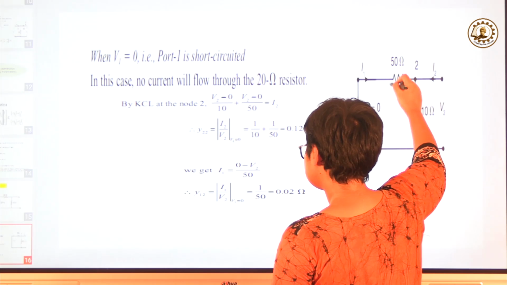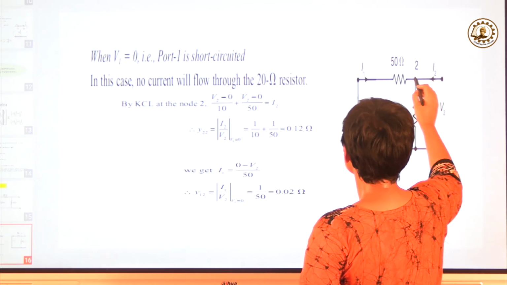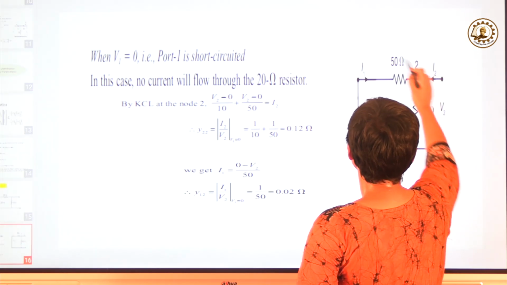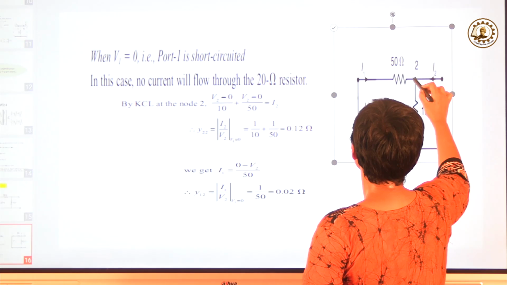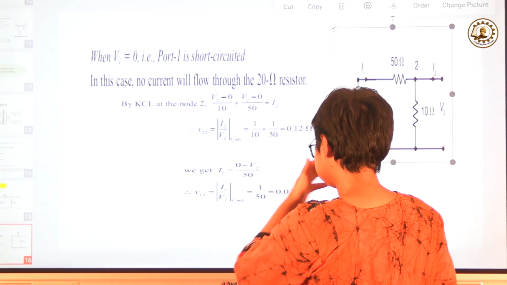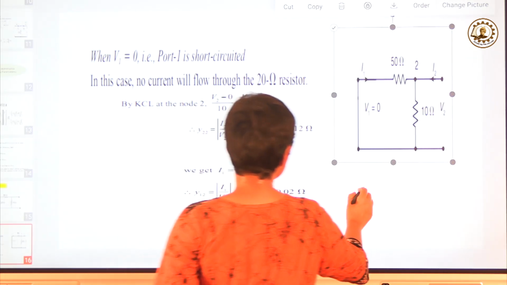This is nothing but I1, 0 minus V2 divided by 50. So in this way we will get Y12.